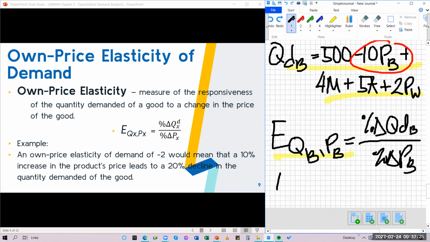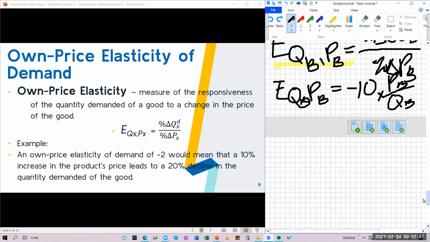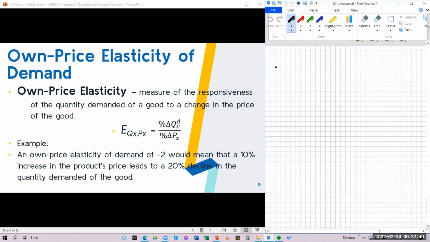So we will have the elasticity of quantity demanded of beer with respect to the price of beer equal to negative 10 multiplied by PB over QB. I hope you can see it clearly. So I'll be writing it again.